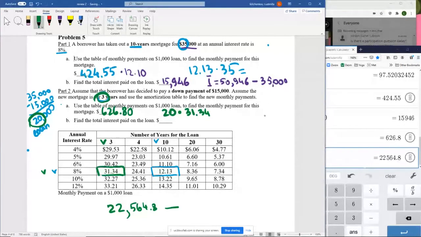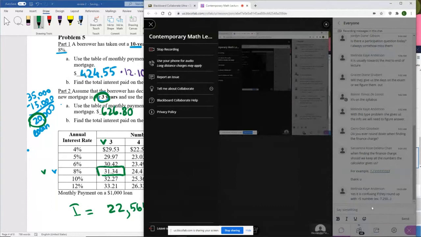And the loan actually was 20,000. So if you subtract, you will find the total interest paid in this situation will be only $2,565.80. You see the difference? Any questions to this problem?